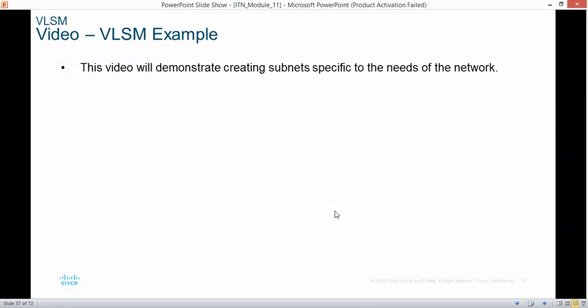For instance, if you design a network and the headquarters is in Abuja, and then you have branches in Lagos, Kano, and Port Harcourt. In Abuja, in the headquarters, you might have just 6 users. In Lagos, let's say you have 30 users. In Port Harcourt, maybe you have 60 users.